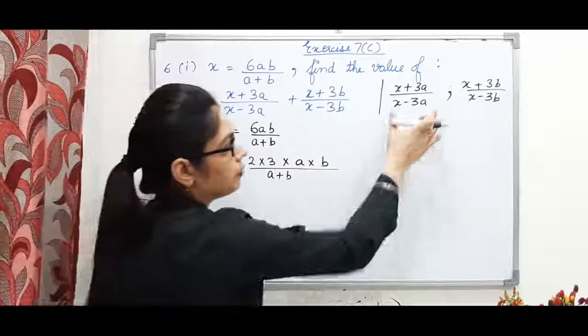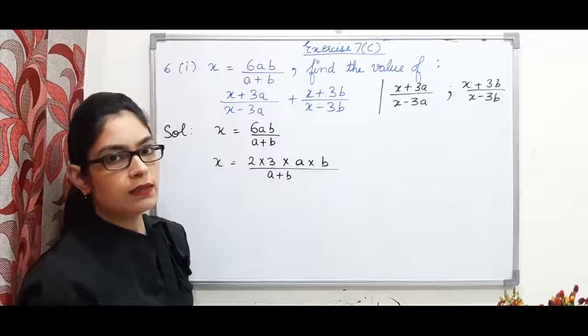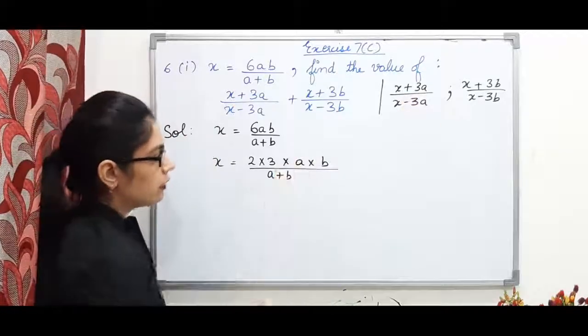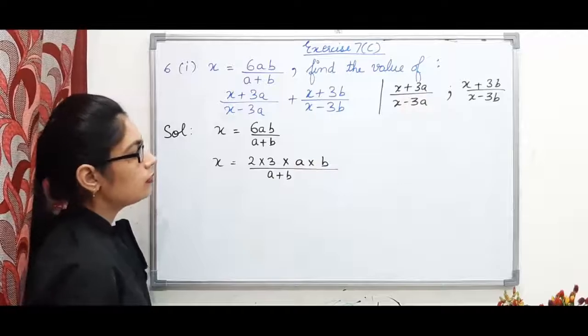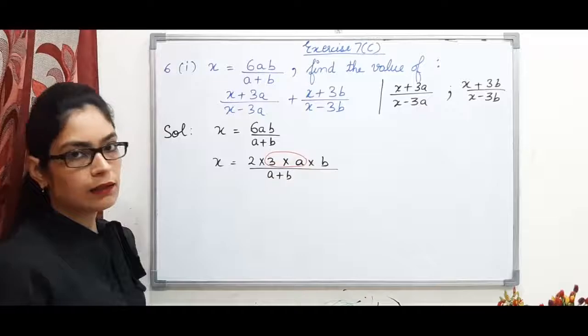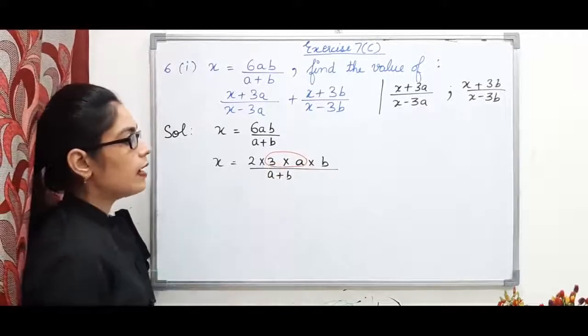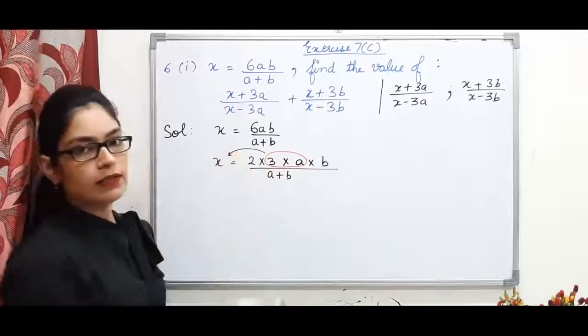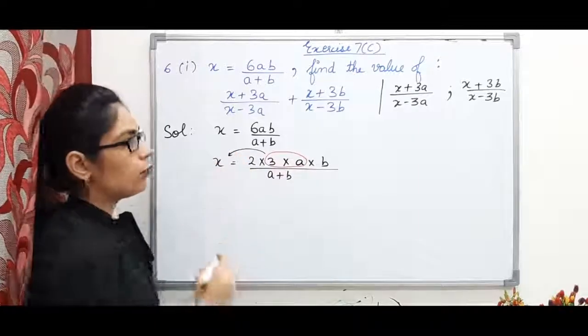Now in the first expression, if I say with x I need 3a, so what I can do, this 3a, because this 3, if it gets multiplied by a, it will become 3a. This 3a I will shift to the other side. If I shift it to the other side, it will come in the denominator form.